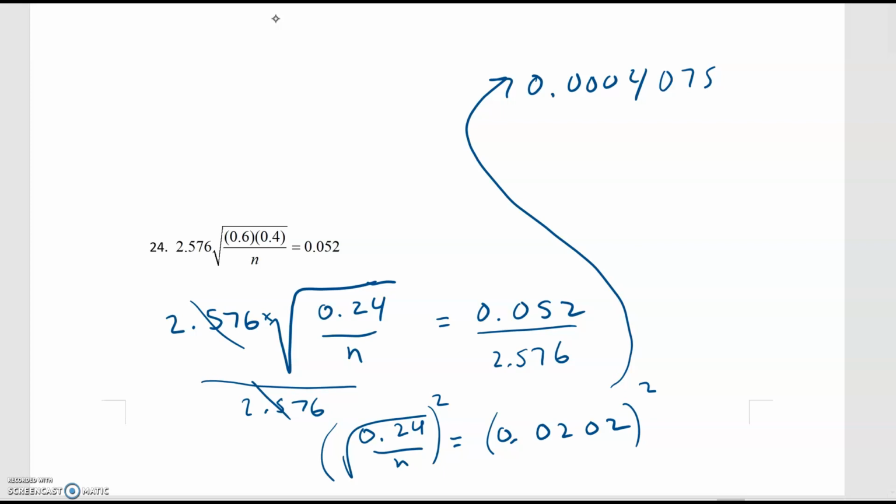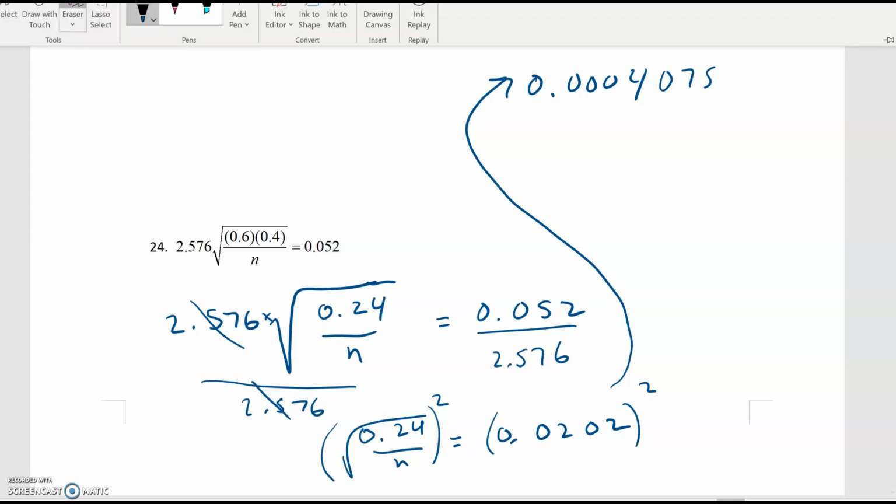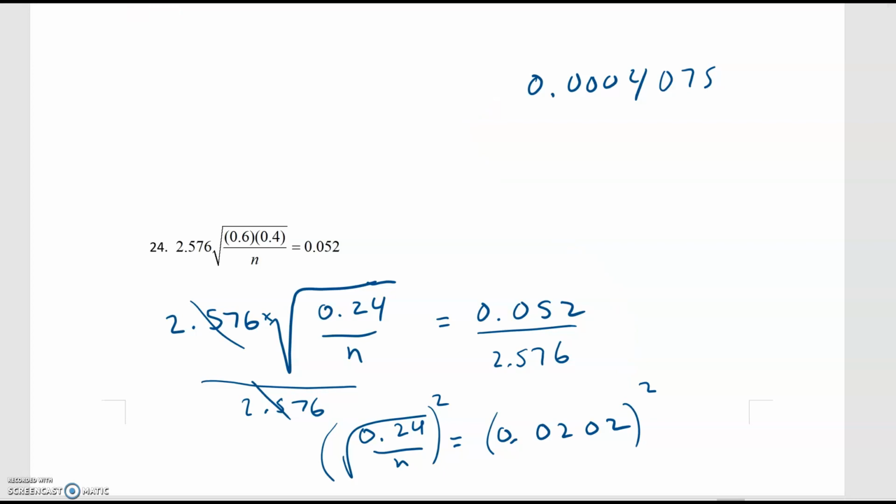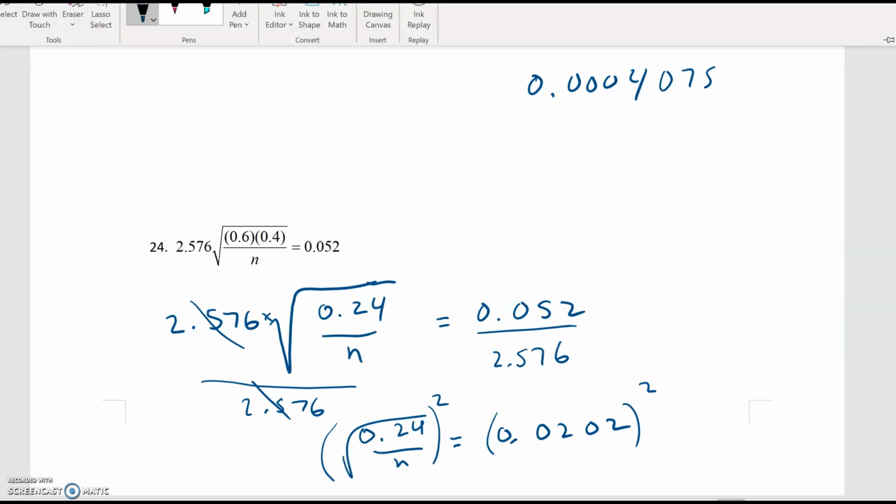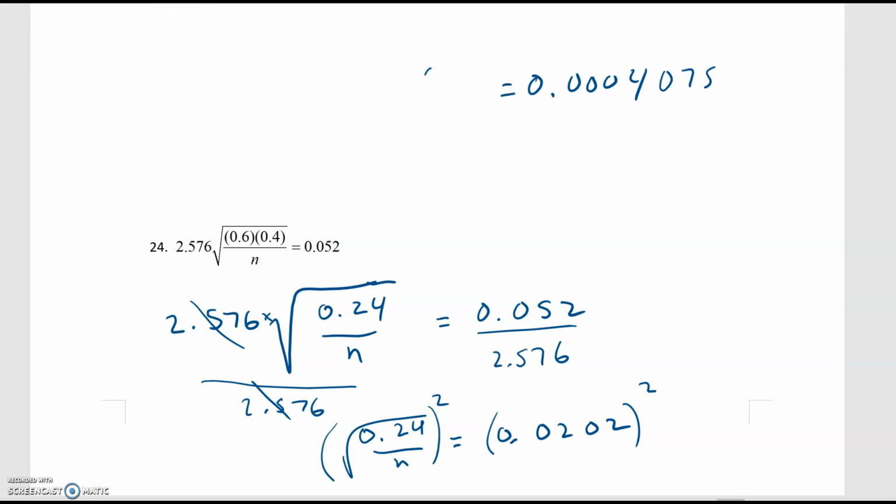But I'm not quite done yet, because this is still equal to 0.24 divided by n, right there. All I did was get rid of the square root. Now I'm dividing by n.